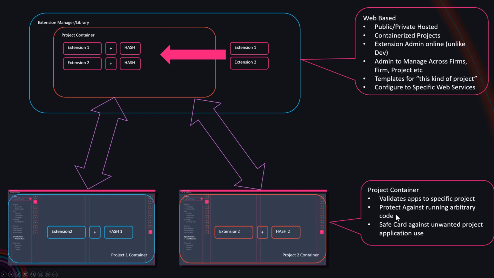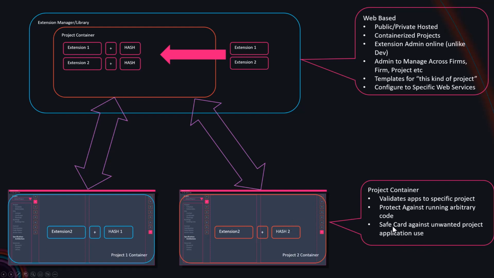So if these extensions are hashed, then you can't run a non-hashed extension on this project at all, nor one that doesn't match this project, with the whole point being putting up some real strong safeguards to make this really configurable, deployable, but also putting up the barriers to make it as safe as you can from the beginning.